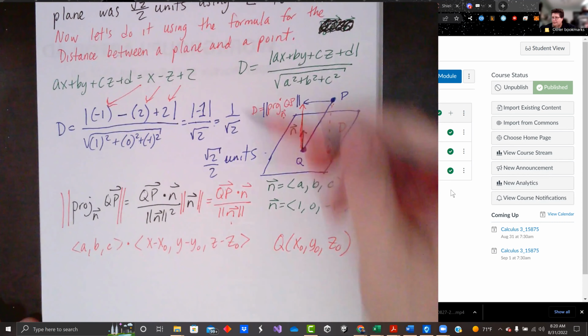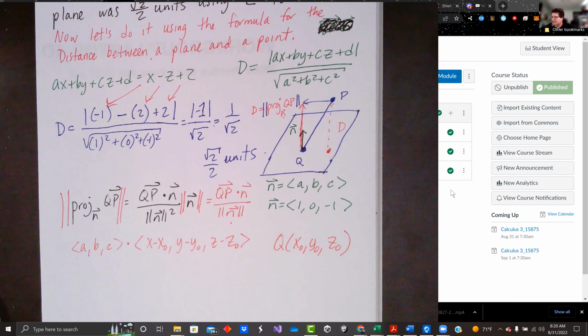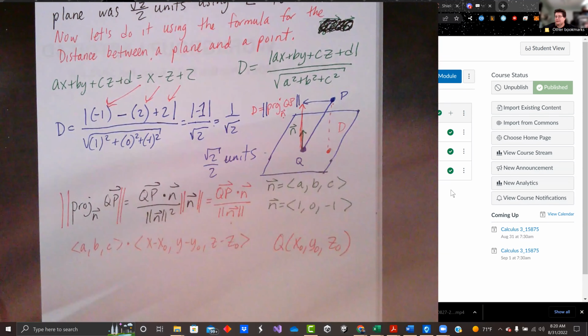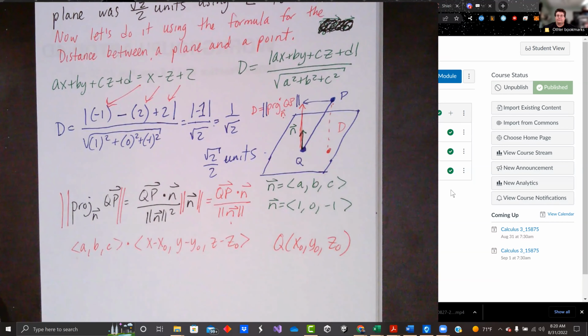And the D ends up coming from distributing this A, B, C to this negative x naught, y naught, z naught, combining all the like terms because they're all constants. And that's the derivation. I did it in the video, so if you want to see it again, check it out there, or memorize the formula, or use the parametric equations, which we did yesterday.